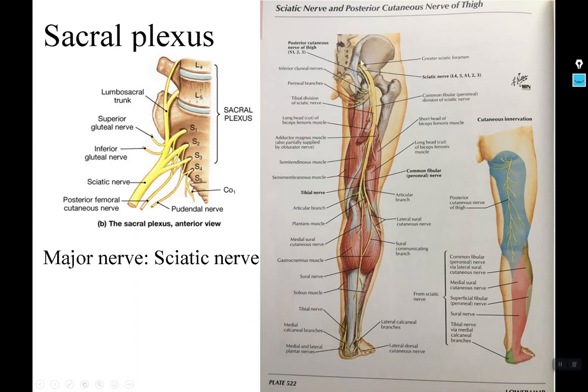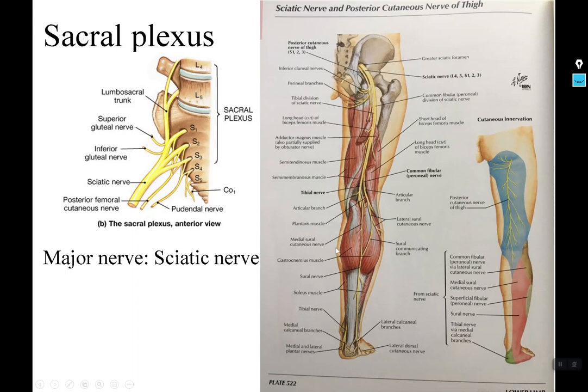And if you look closely at the picture here, what you're going to see is that it runs through the greater sciatic notch. And so through that portion of the os coxa, past the ischial tuberosity in that little curvature, and it's going to innervate your posterior thigh muscles and also innervate all of the muscles of the lower leg in the back.